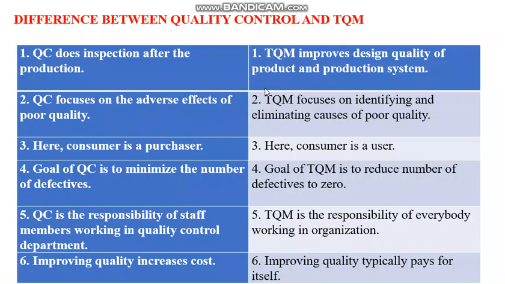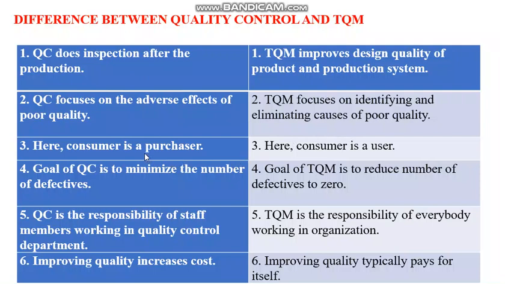It's a much larger concept than quality control. Quality control focuses on the adverse effects of poor quality, whereas TQM focuses on identifying and eliminating the causes by which this poor quality is coming into the product.